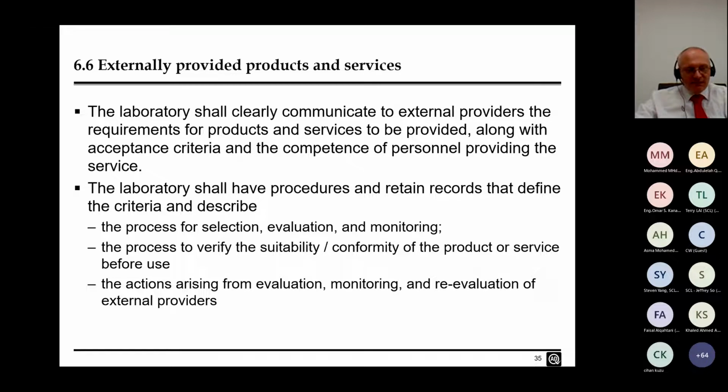You need to have procedures, and you need to keep records to provide evidence that define the criteria and describe how you do the selection, evaluation, and monitoring, how you make sure the equipment is suitable, and any actions arising from evaluation, monitoring, and re-evaluation of external providers. Often a lot of this is covered by your procurement department, and if you're governmental, it may be out of your hands. But you need to have an interface.